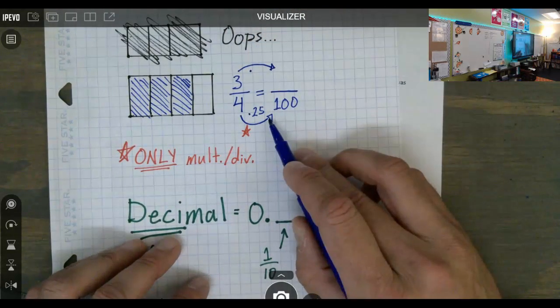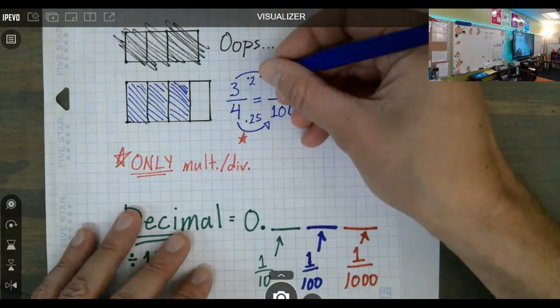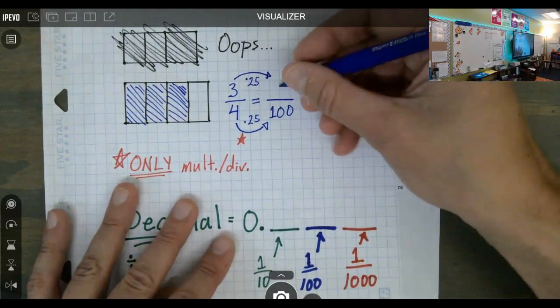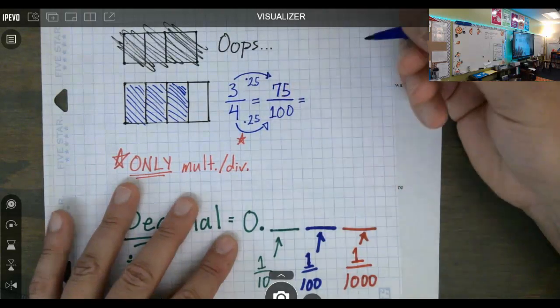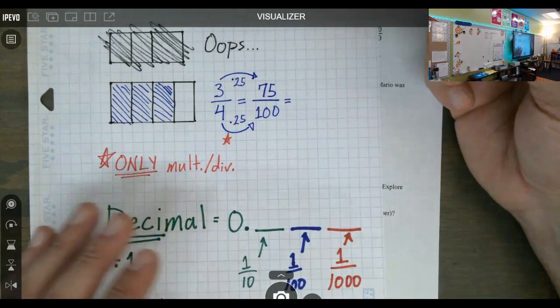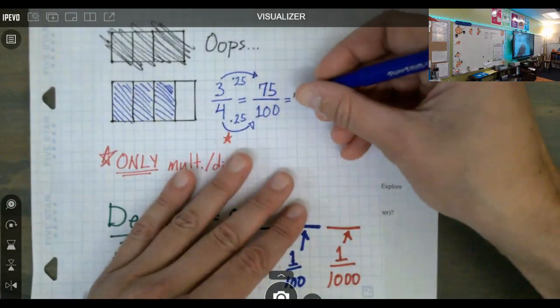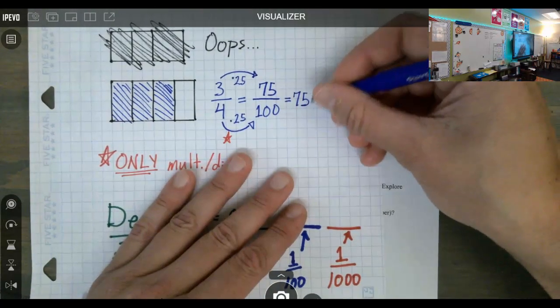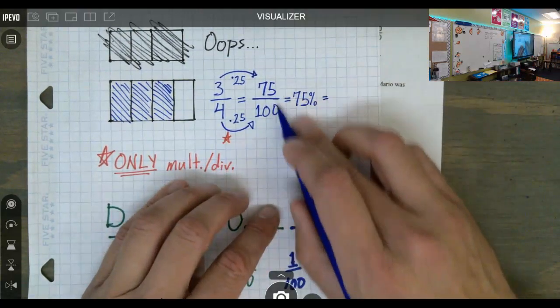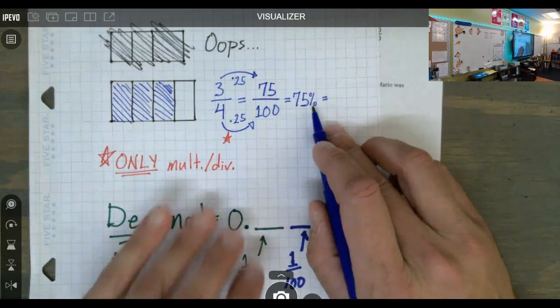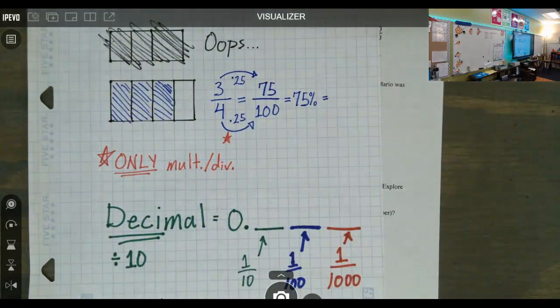So if we do times 25 on the bottom, we do times 25 on top, and we get what fraction? 75 hundredths. Which is, if we stop at percent to take a little picture there, right? Scenic way to get to decimal. I didn't need to stop at percent, but it was on the way to decimal.